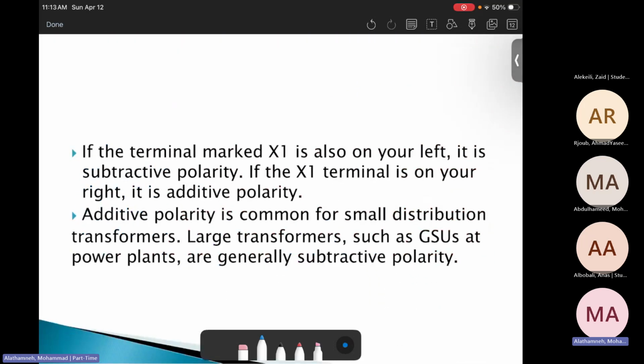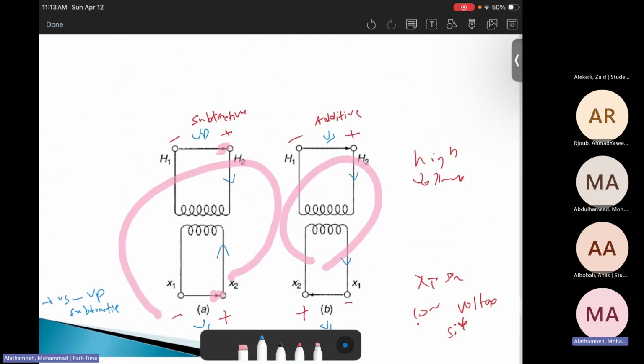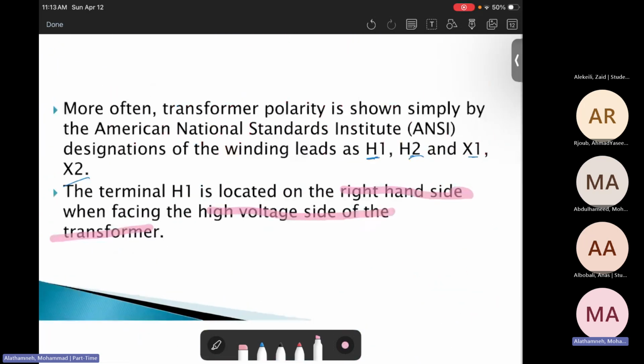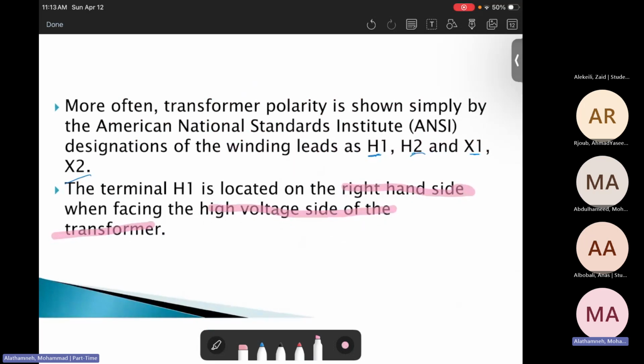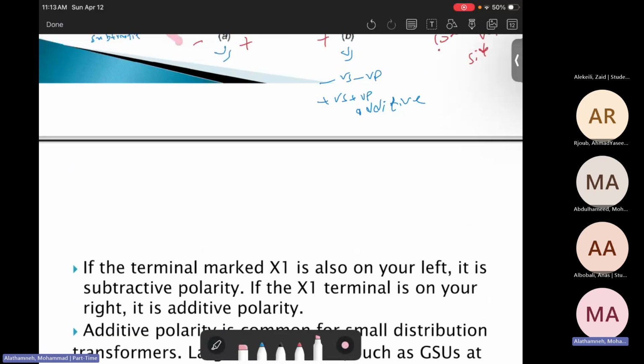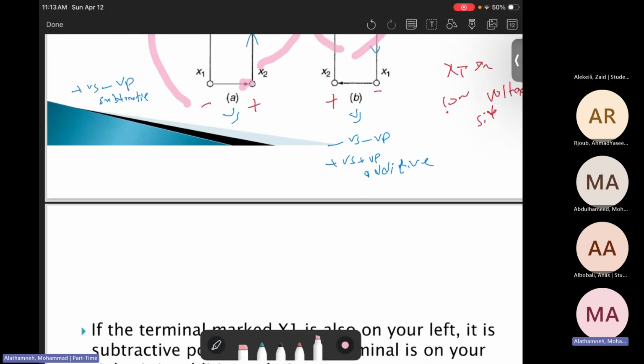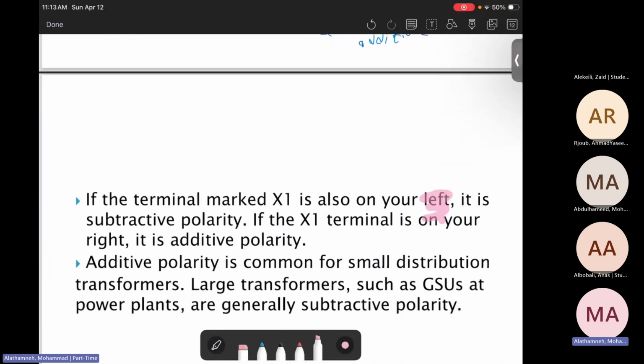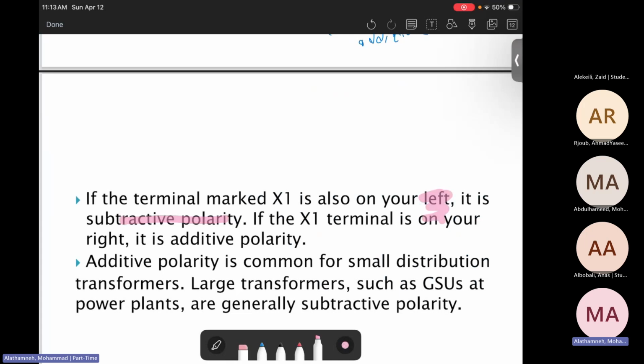So usually the high voltage side is H1. If X1 is on the left, that is subtractive polarity; if X1 is on the right, it is additive polarity. But this is not common.